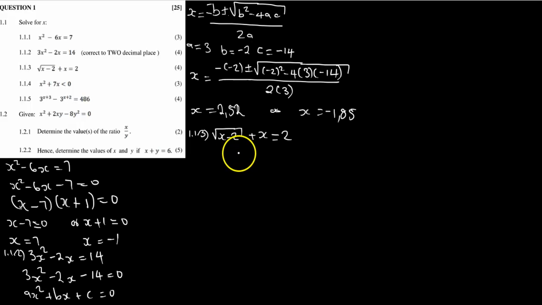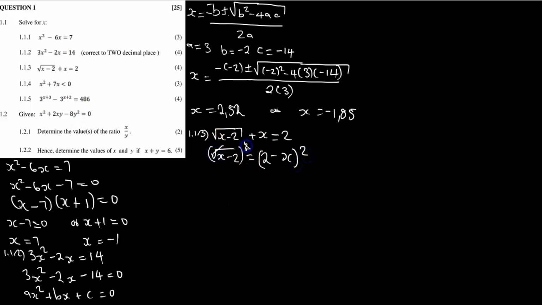So it's very important that you check your answers when you are dealing with a question like this. So let's transpose the x to that side, and then we'll be having the root of x minus 2 is equal to 2 minus x, and then you introduce the square on both sides of the equation to get rid of the square root.